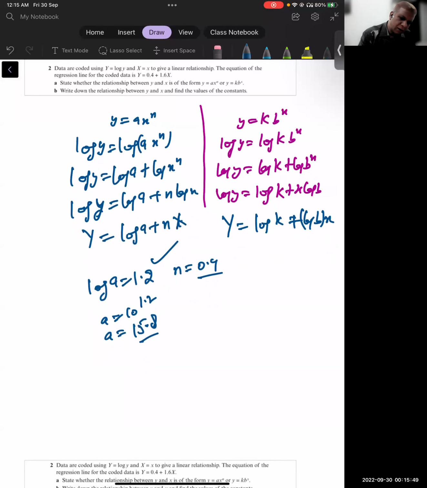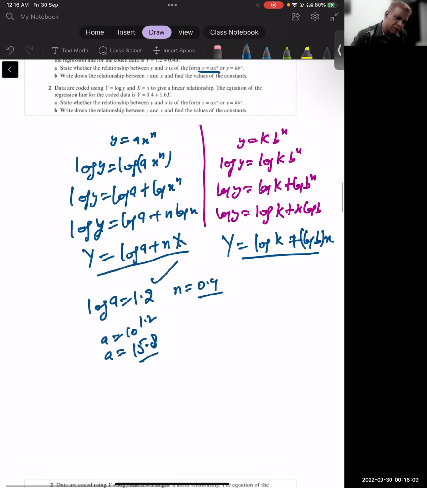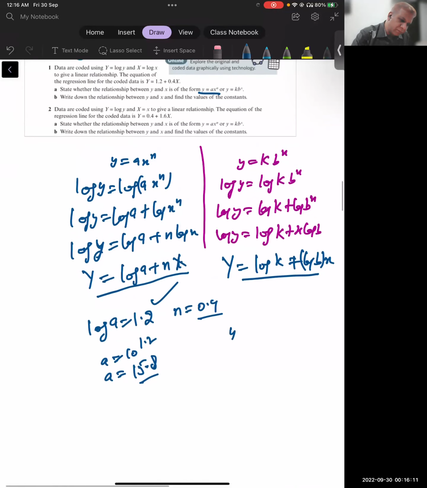Please compare the equation with this one and this one. Which one gives you the right equation? So y equals 0.4 plus 1.6x. Just a minute, I am writing down the equation.